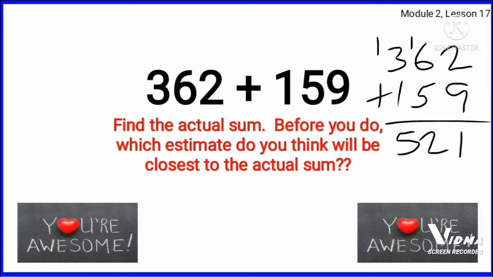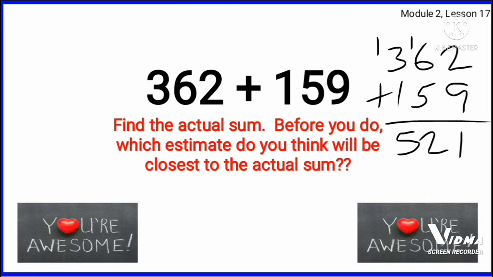All right, so let us now find the actual sum, because we've gotten three different figures. The actual sum will now tell us which of these estimates is closer to the real answer. 362 plus 159 is 521. So which estimate do you think will be closer to the actual sum now?